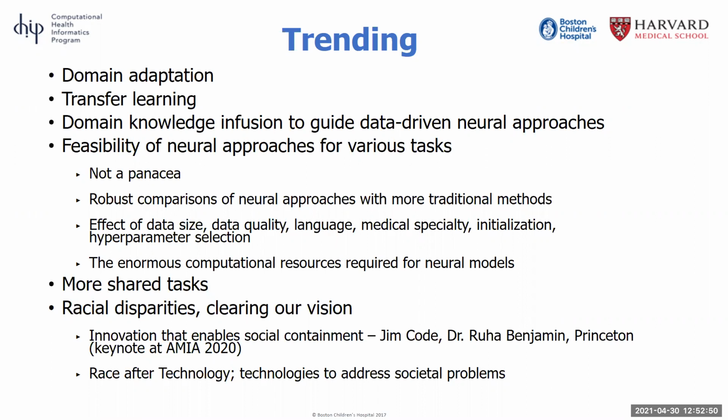So how do we push that line of research to guide the data-driven neural approaches? As I said, I don't believe that neural approaches are applicable or feasible for all tasks, because of their dependence on data size, data quality, language, medical specialty, initialization, hyperparameter selection, and also the enormous computational resources required to build these neural models.